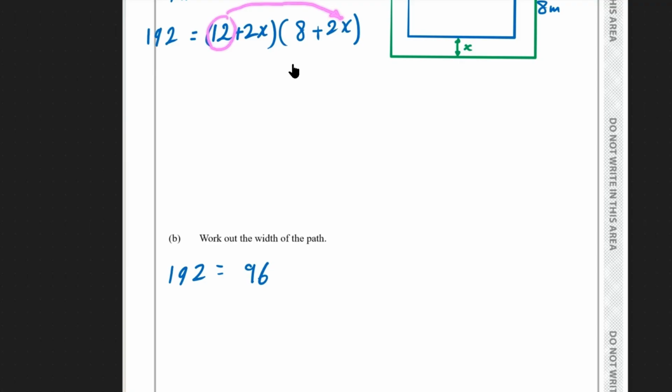That means 12 times 2x is 24x. And then after we finish with 12, look at the second term in the first bracket, 2x. We say 2x multiply 8 and then 2x multiply 2x. So 2x multiply 8 is 16x, and 2x times 2x is 4x squared.